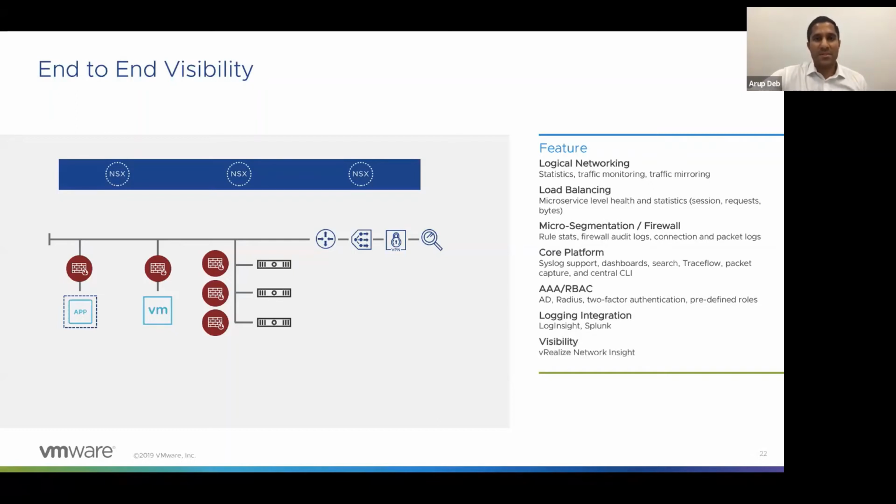And in terms of visibility, we don't have time to go in detail today, but we have an awesome platform called Network Insight, vRealize Network Insight. This platform gives you visibility all the way from VM into containers, onto physical, and even into public cloud. So we're able to give you a great visibility across the whole thing.